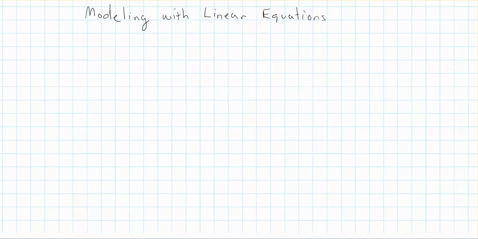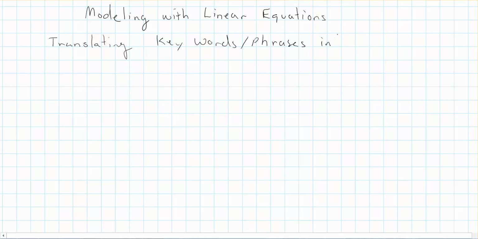Let's first do a quick review of translating keywords/phrases into algebraic expressions.